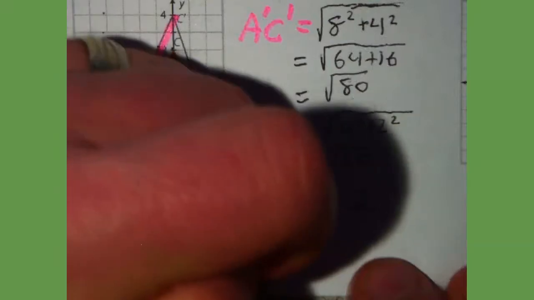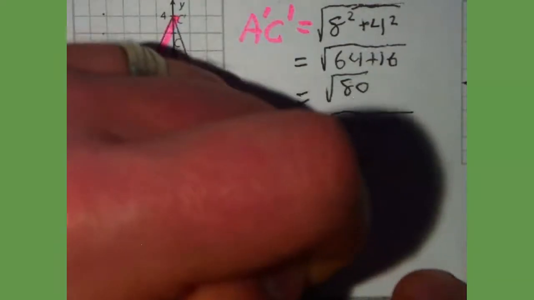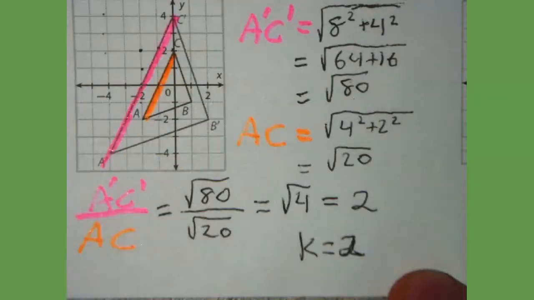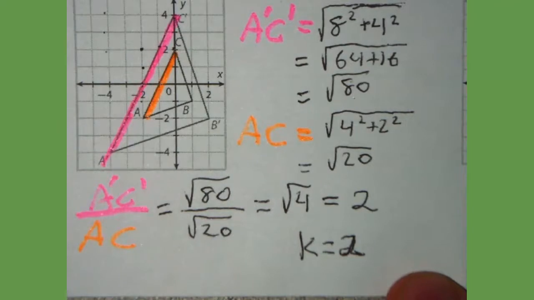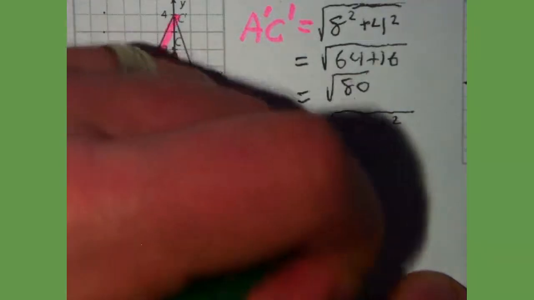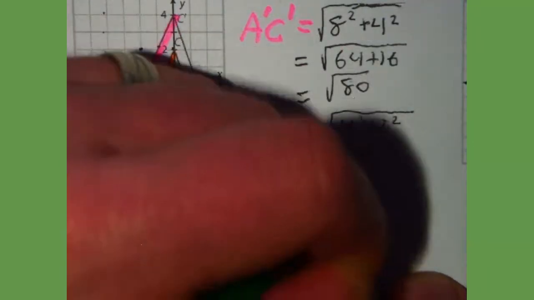So we could say our scale factor here is 2. So technically, this outer triangle is exactly twice as big as its pre-image. Exactly. Okay. So that would be our answer right there.